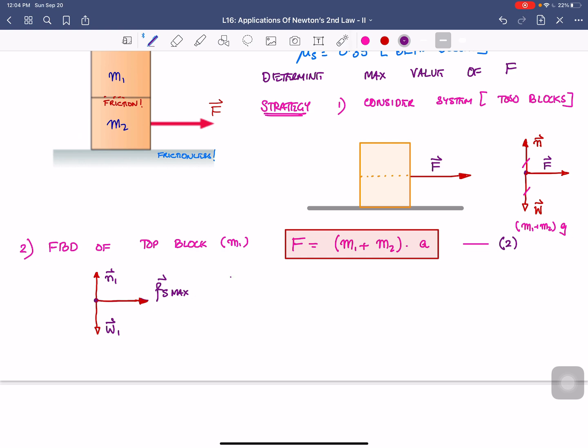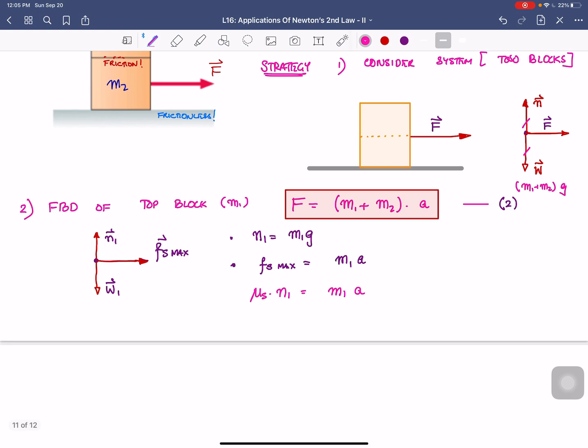Just by looking at the sketch, N1 equals M1G. That is the Y component of the net force. And then we have Fs max, which is responsible for accelerating M1. So it's M1 times A. We know the maximum force of static friction is mu sub S times the normal force, which equals M1A.